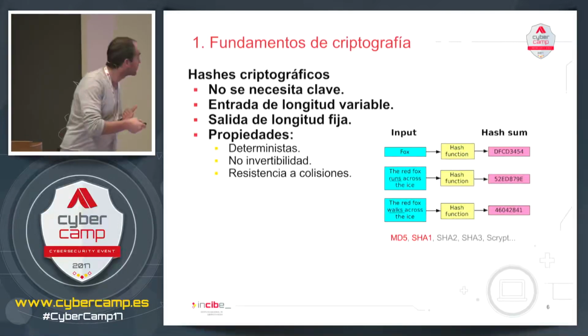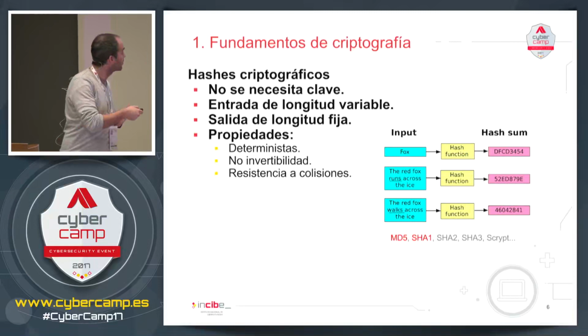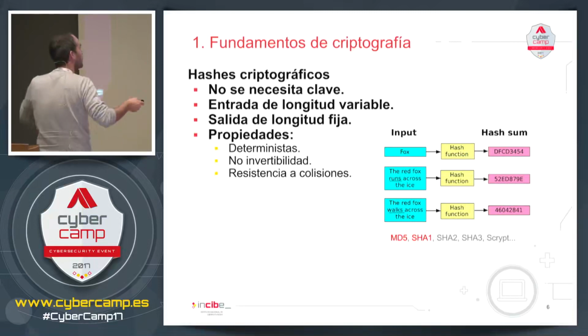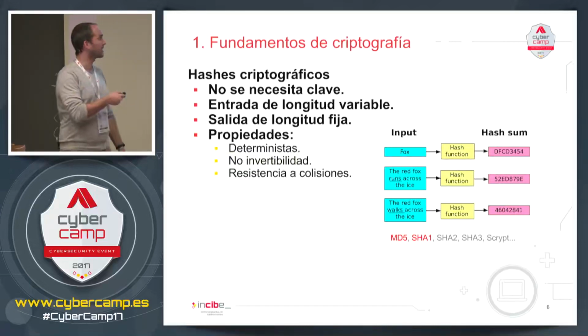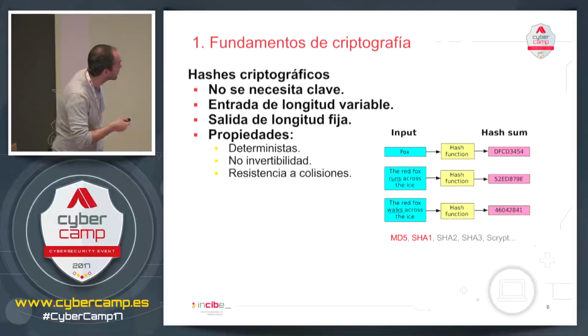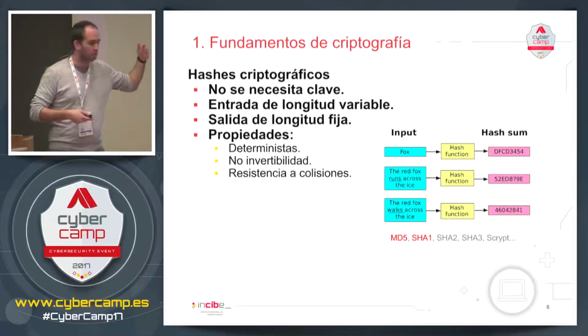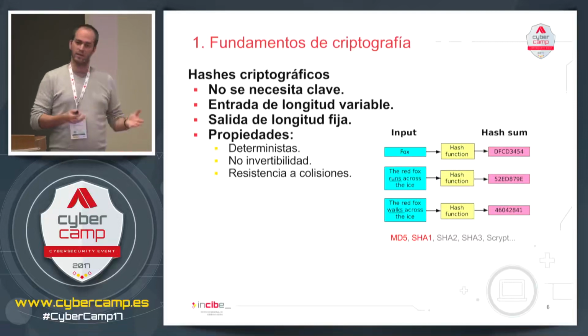Not reversible: if I'm given a hash, I don't know if you can see it, this is a hash function. It doesn't say which hash function it is, maybe it's SHA-1. I'm sending the message "Fox", and here the hash sum, the output, is DFCD3454.